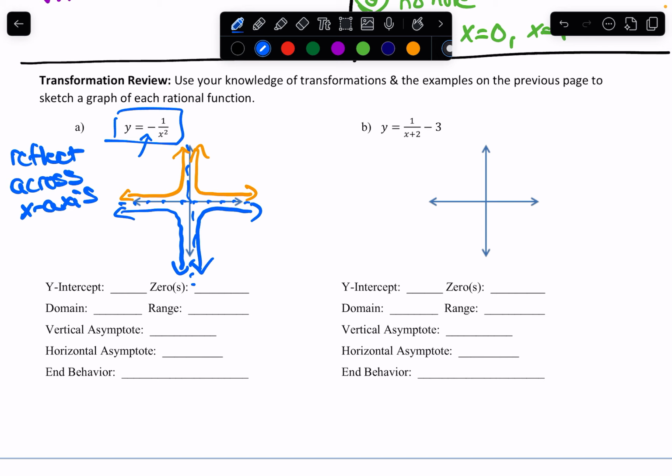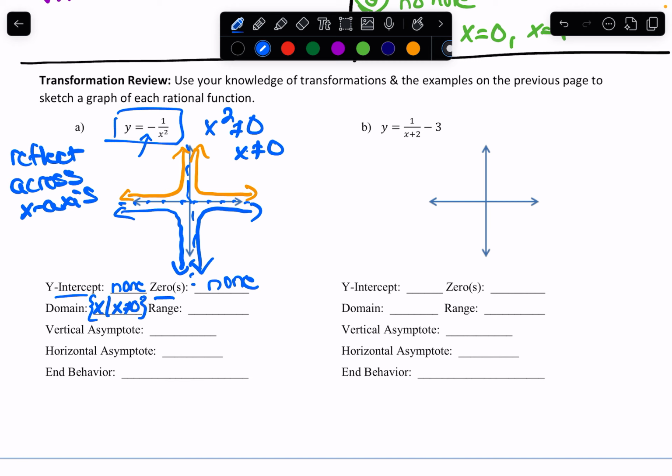So y-intercept, there's none. It does not cross the y-axis. Zeros or x-intercepts, none. It does not cross the x-axis either. Domain, well, what is excluded from this domain? X squared cannot equal 0, so x cannot equal 0. So the domain is x is such that x cannot equal 0.